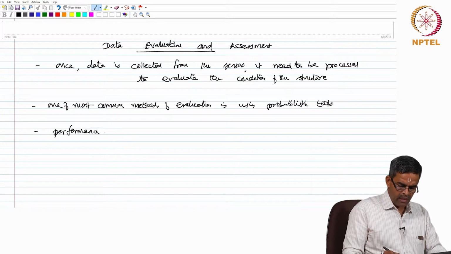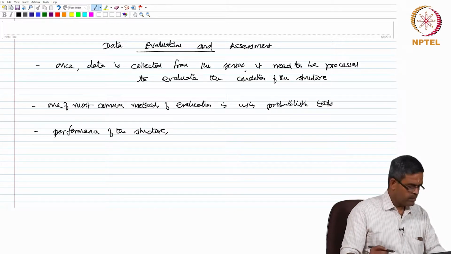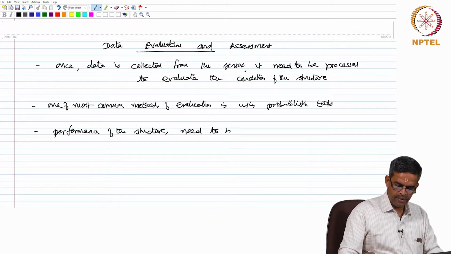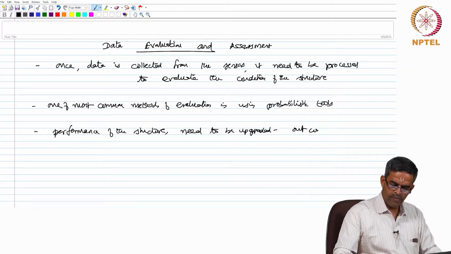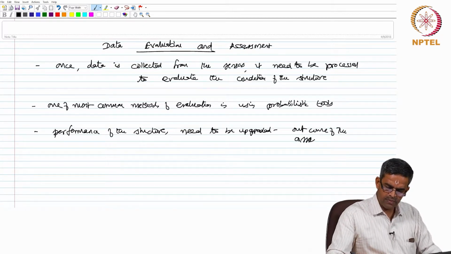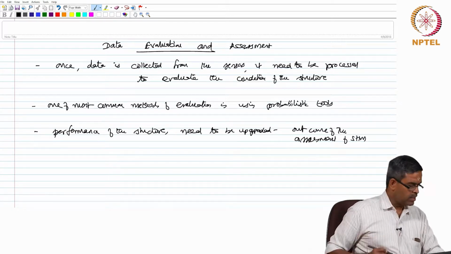So, let us say the performance of the structure needs to be upgraded, which is one of the important outcomes of assessment of the structure under health monitoring.